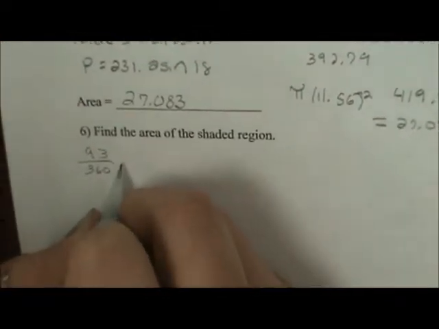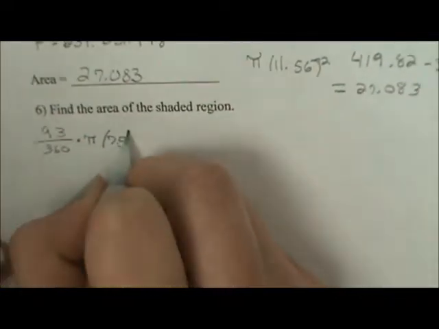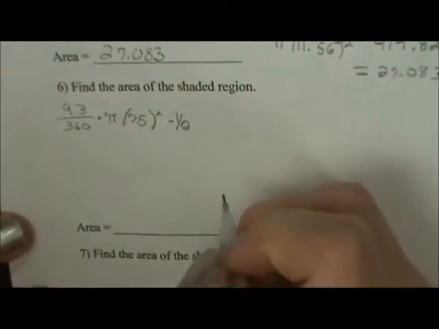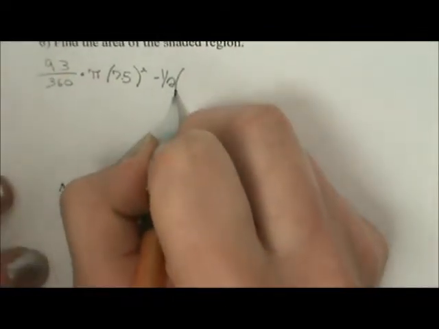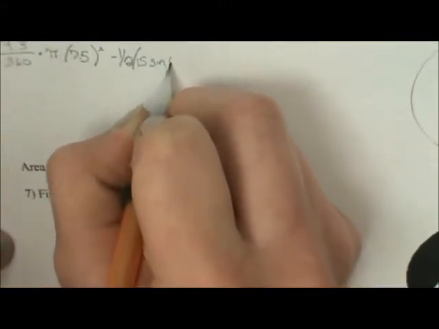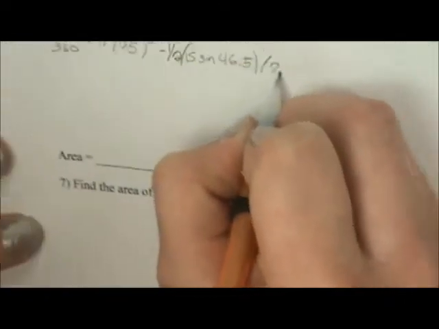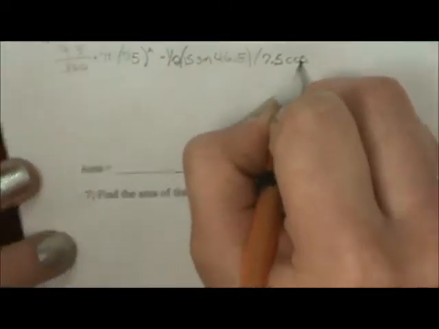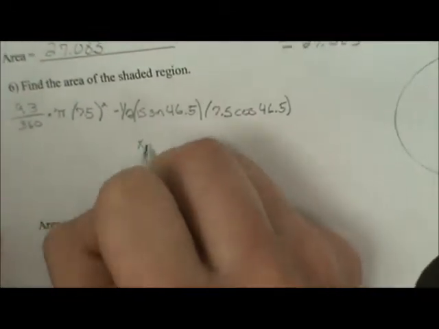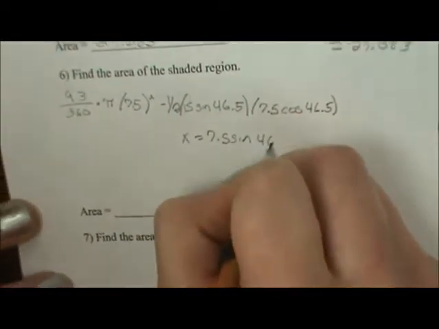For number 6, we're going to take 93 divided by 360 this time, times pi times 7.5 squared, because that's our formula to find what we need. And then we're going to subtract from that the half times our a times p, and our a is going to be 7.5 cosine of 46.5, and then p is going to be 15 sine 46.5.